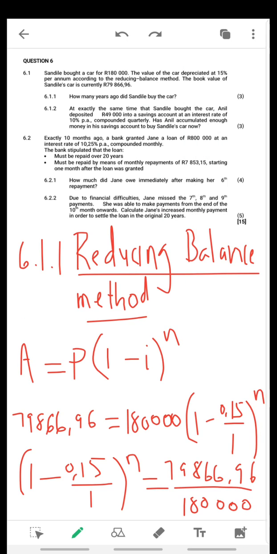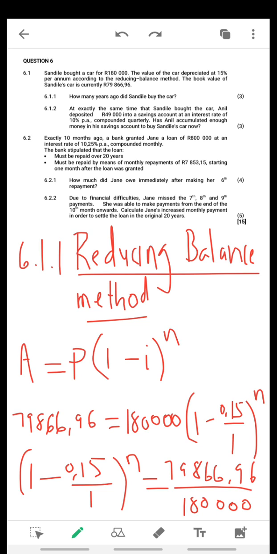Then now let's go to 6.1.2. At exactly the same time that Sandile bought the car, Anil deposited 49,000 rands into a savings account at an interest rate of 10% per annum, compounded quarterly, meaning there will be growth. This will be a compound interest problem. Compounded quarterly, M is equal to 4.